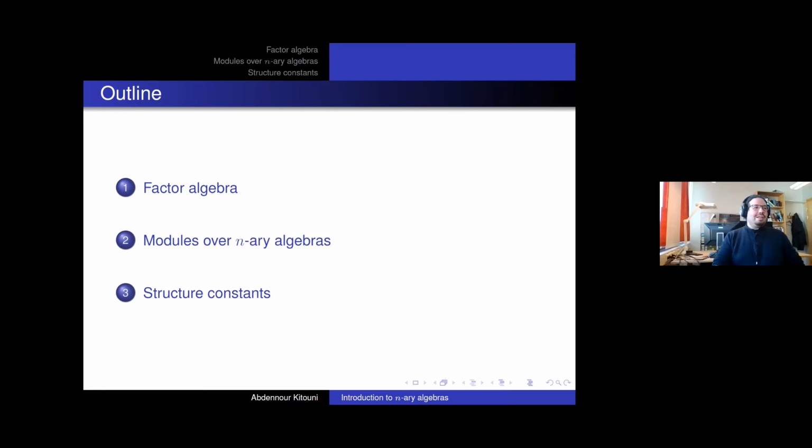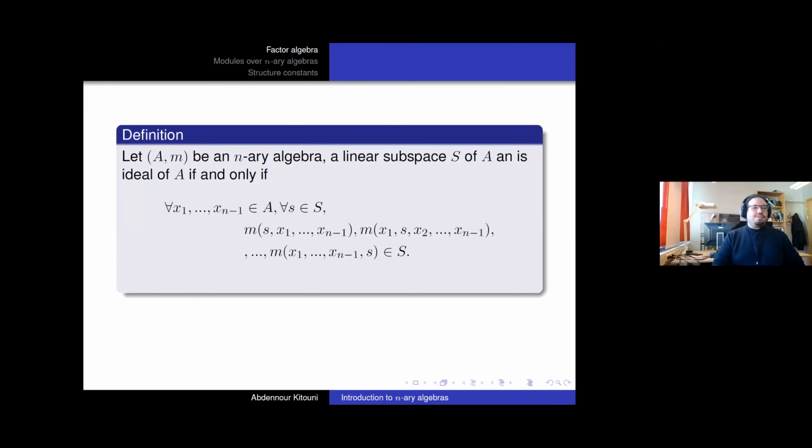So let me begin then with factor algebra. So first I shall recall what an ideal is.